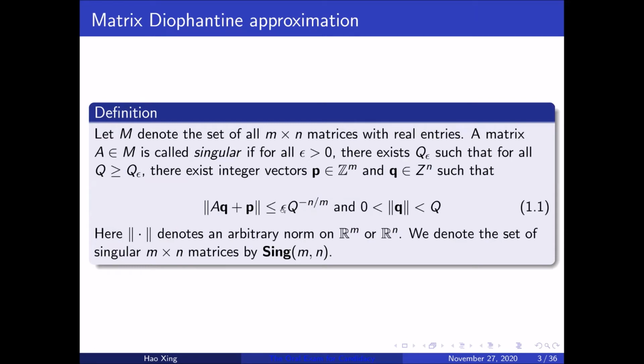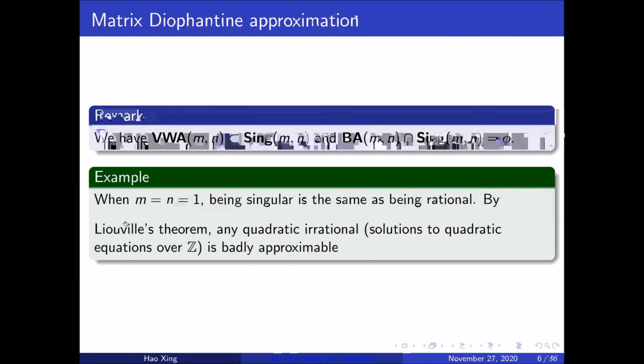The best possible small epsilon is 1 over square root of 5, I think, which is a theorem of Hurwitz. And by Lagrange's theorem, any quadratic irrational is badly approximable. But it seems to be still an open question whether other kinds of irrational numbers are badly approximable.